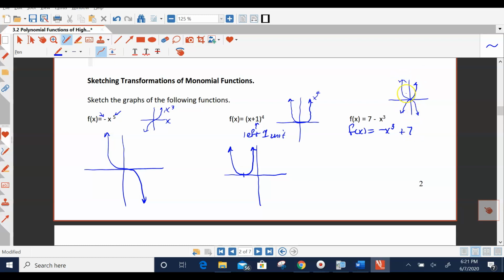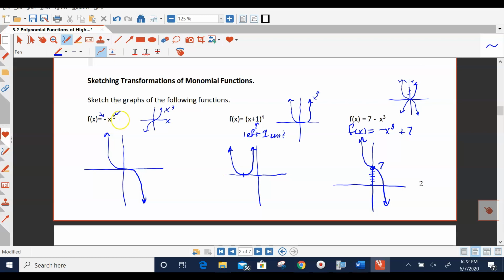And the plus 7 means it's going to go up 7. So let's graph that. The x cubed flipped over, up 7. So here is 7. Let's assume 1, 2, 3, 4, 5, 6, 7. And it's the flipped over version, so it's going to look like this. Put it in your calculator, you'll see that's the shape you get. So sketching monomials is not that bad.